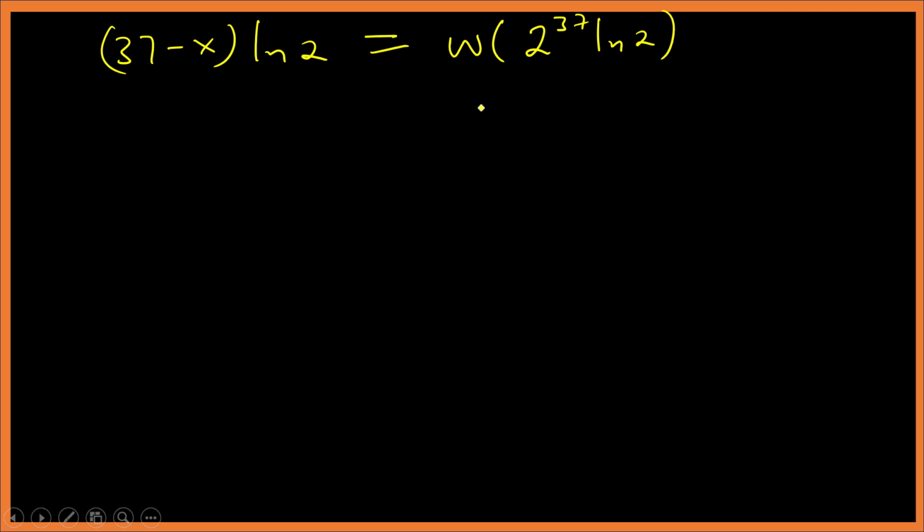Okay, now let's focus on the right hand side. Now I want to see if we can adjust this one so that something important will come out from this, in the sense that we can cancel out. All right, so I'll write this one as W function of 2 to the power 32 times 2 to the power 5 ln of 2.